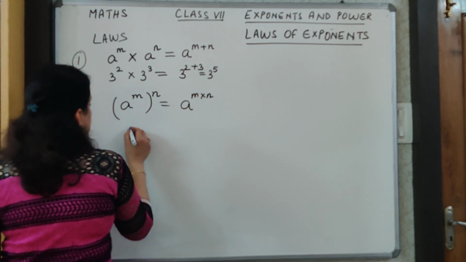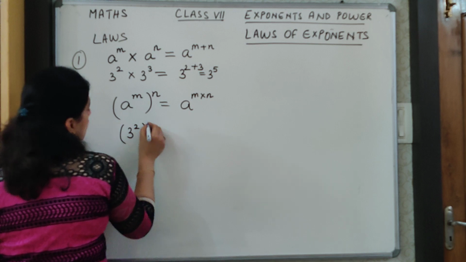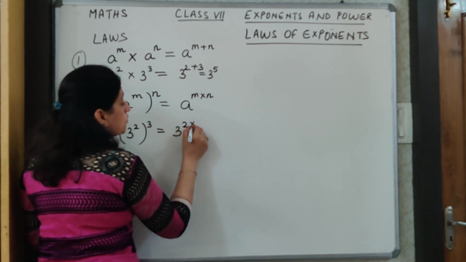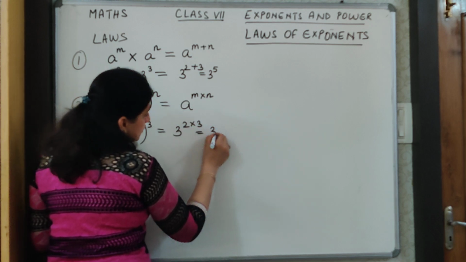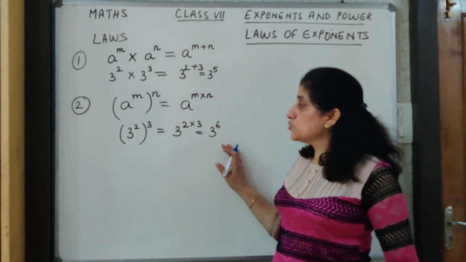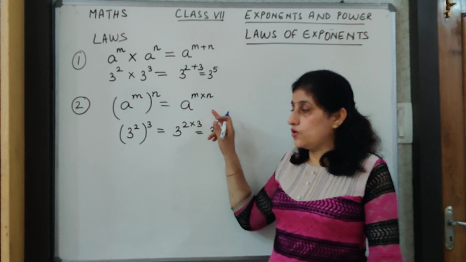For example, if I take the same thing, 3 is the base to the power 2 whole to the power 3, then this will be 3 to the power 2 into 3, which will be equal to 3 to the power 6. You can see that these two things are different. So this is one law, this is the second law.